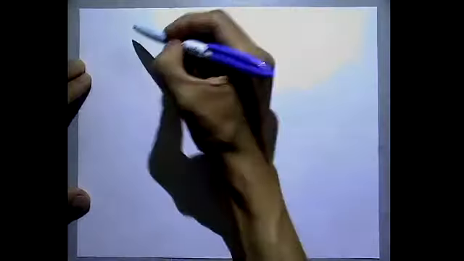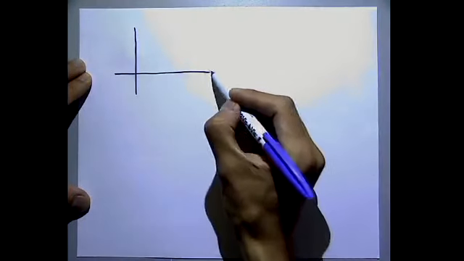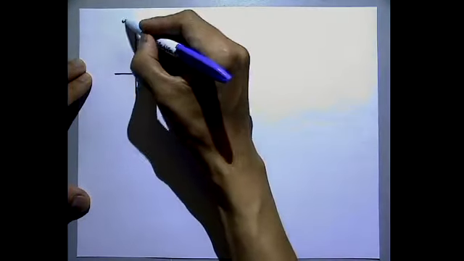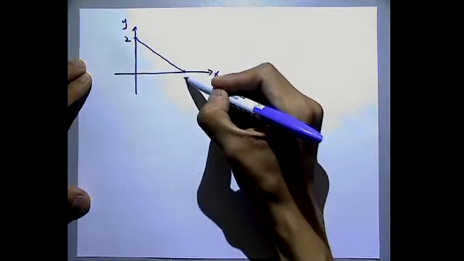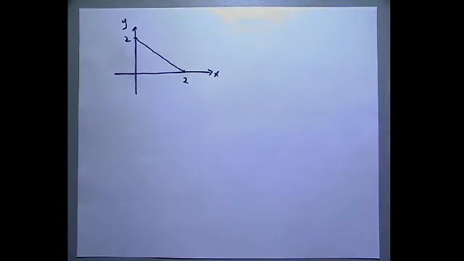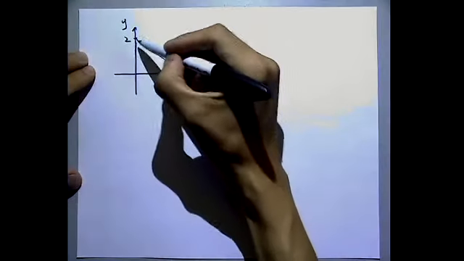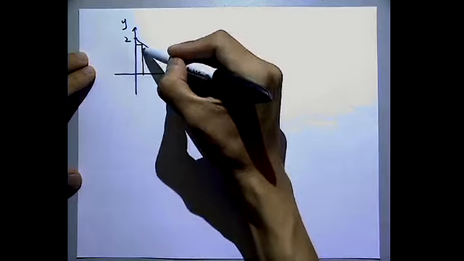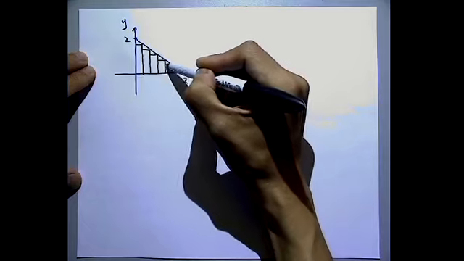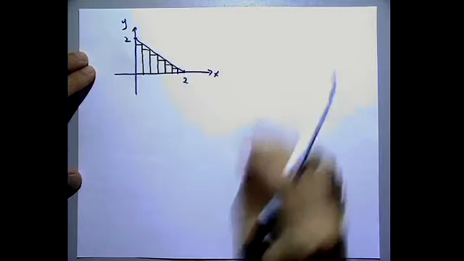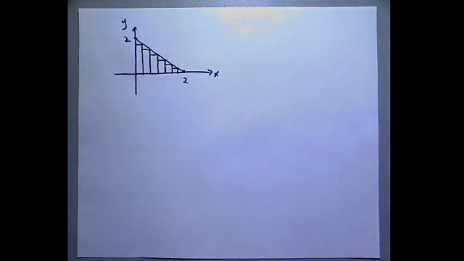Let's revisit that triangular region again. And remember, when we calculate the area by using integration, what we're actually doing is to get a bunch of rectangles underneath that. And then we take the limit, allow these rectangles to shrink to almost 0 width, and then let the number of rectangles go to infinity.